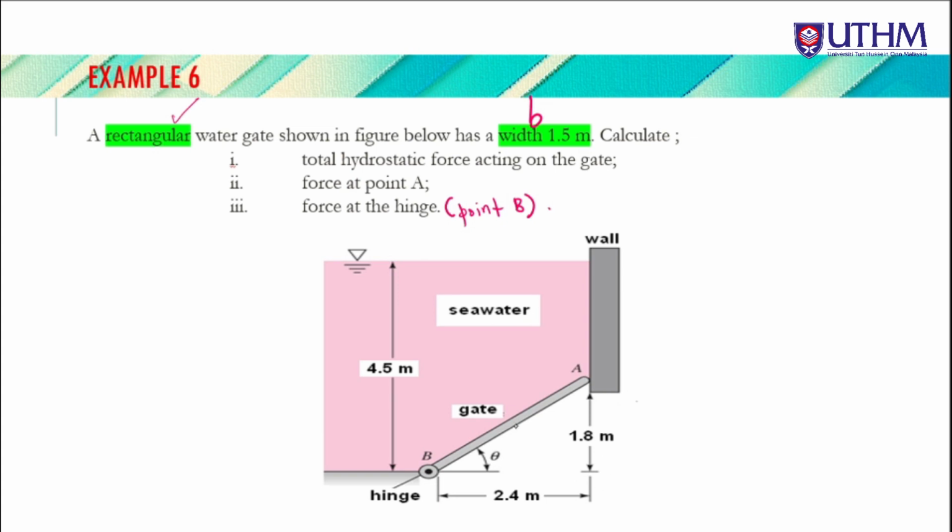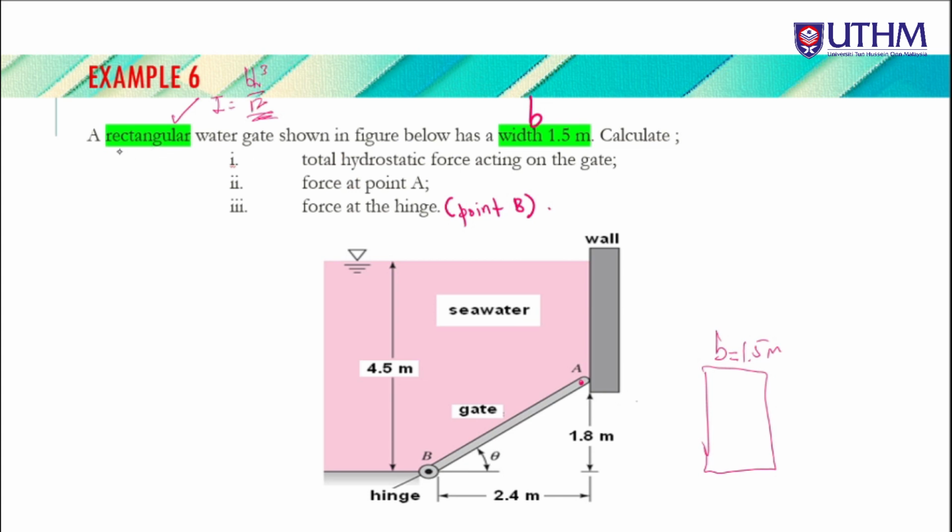So yang ni if let's say kita tengok from front surface, it should be rectangular lah, with B equals to 1.5 meter. Okay, alright. So B 1.5 meter adalah yang ke dalam page ni. Okay, so if let's say dia kata rectangular, kita dah tahu second moment of inertia dia equals to BH kuasa 3/12 lah.